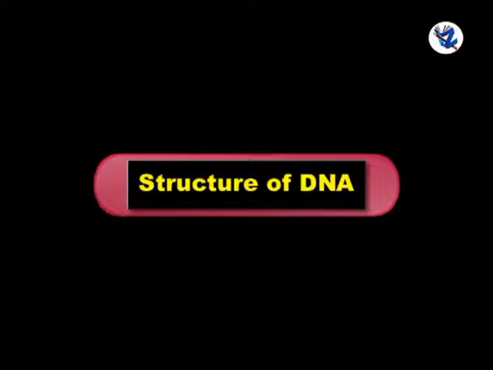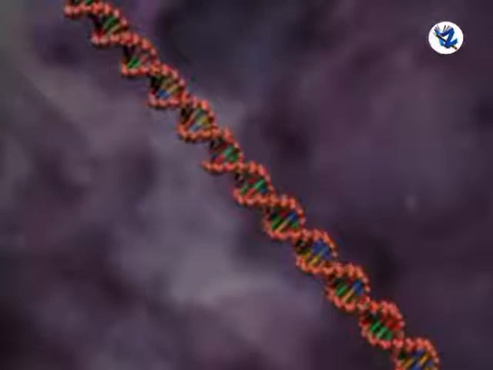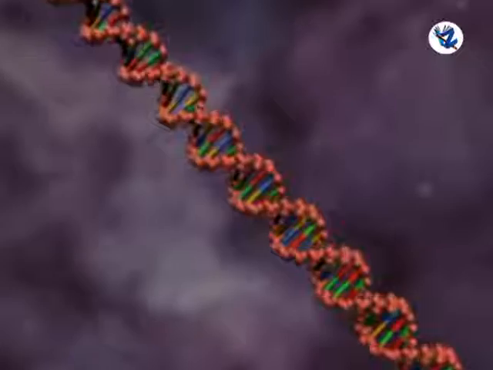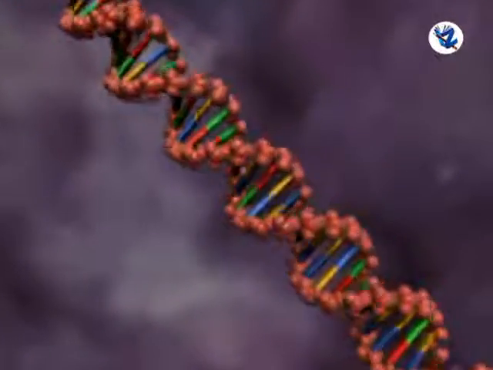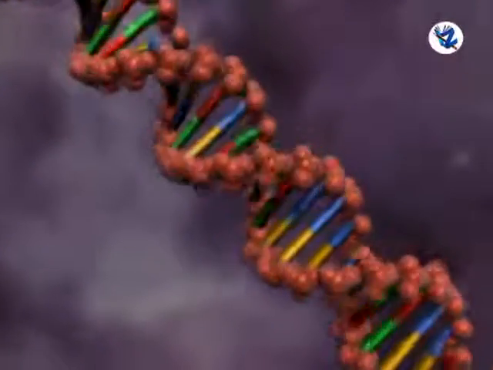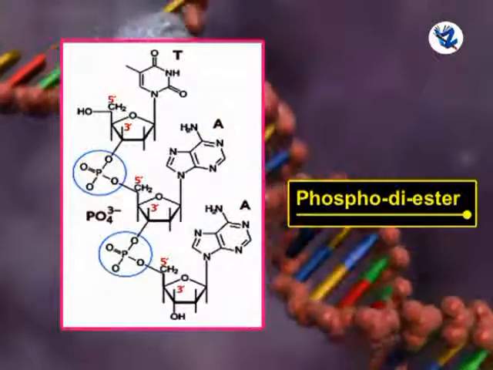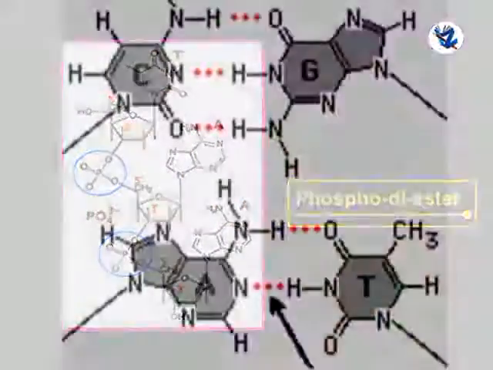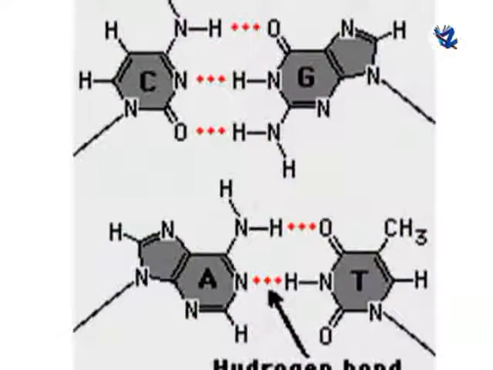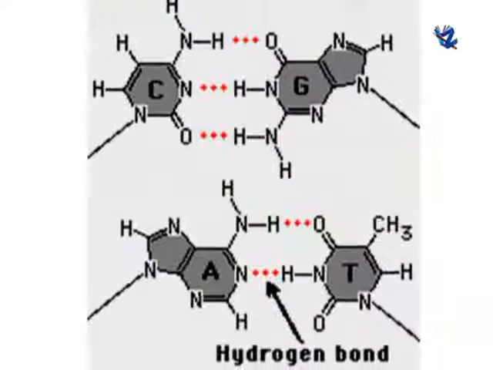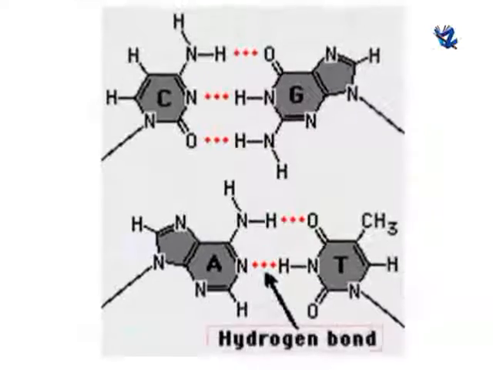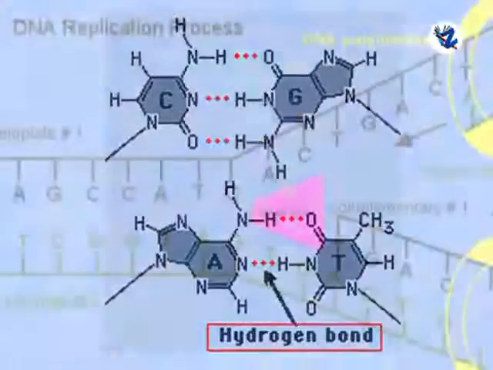Now structure of DNA. It is a double-stranded helix in which each strand is made up of thousands of deoxyribose nucleotides. They are linked with each other by phosphodiester bonds. The two strands of DNA are antiparallel, complementary and adjoined by weak hydrogen bonds.